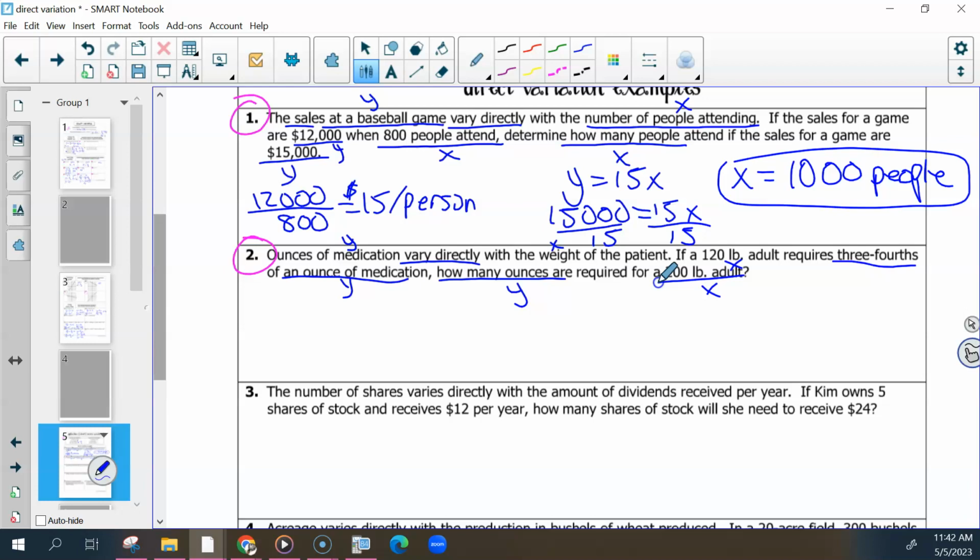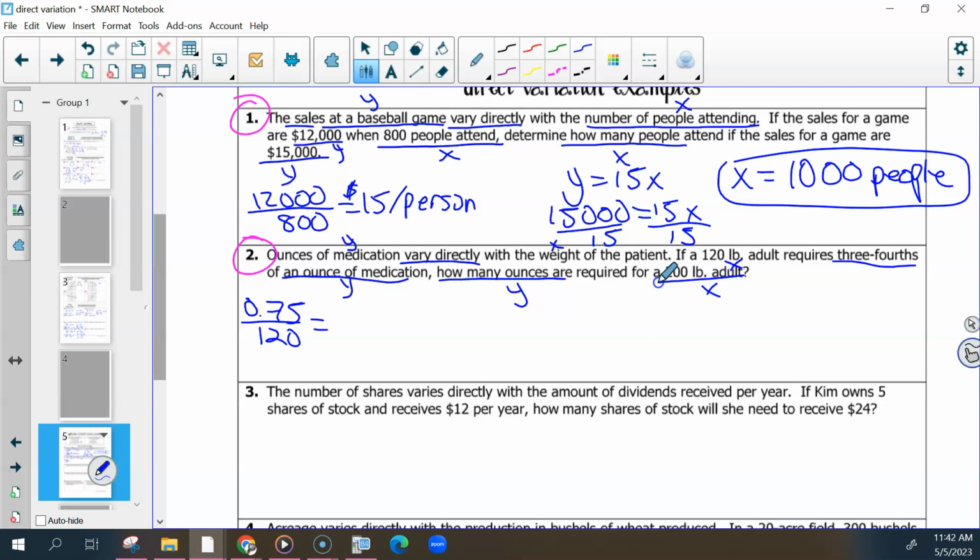Same process. Find your k value. So since y is 3/4, use the decimal instead of the fraction, so you don't have a fraction within a fraction. So 0.75 over 120. You're going to get a weird decimal. That's fine.